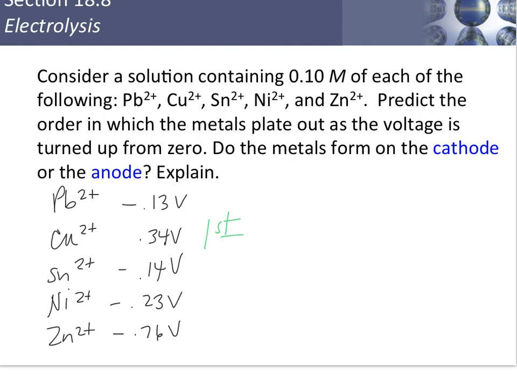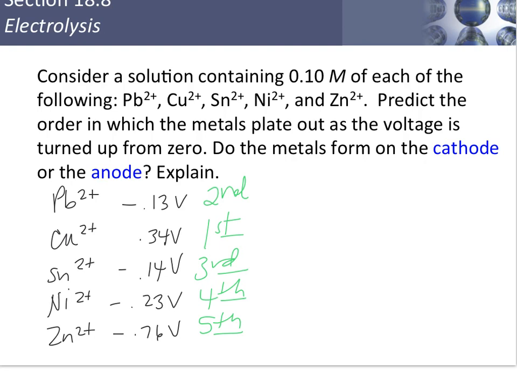Now we start looking at the negative ones, and we are just going to go in order. This will be our second, this will be our third, fourth, and last. Once the voltage is greater than 0.13 volts, the lead will plate out, 0.14 volts for the tin, 0.23 volts for the nickel, and once the voltage is greater than 0.76 volts, the zinc will plate out.